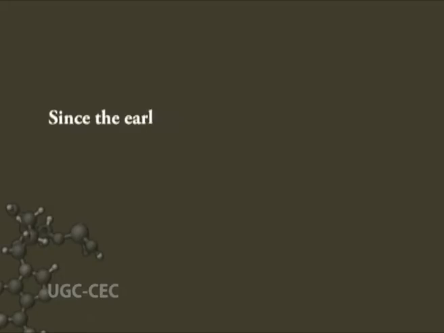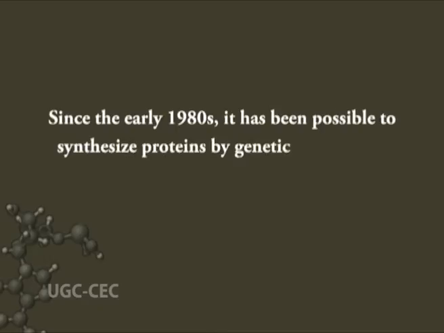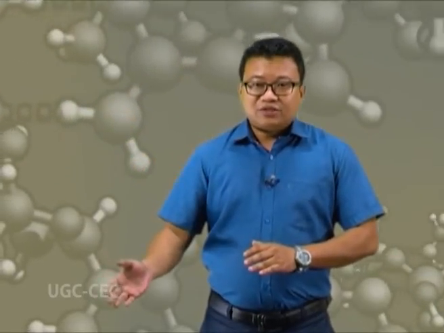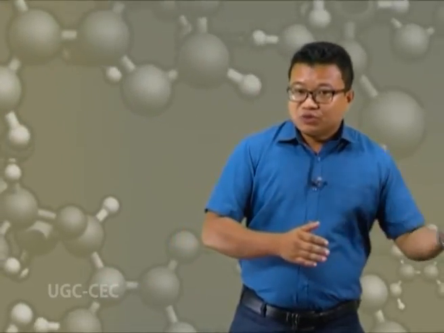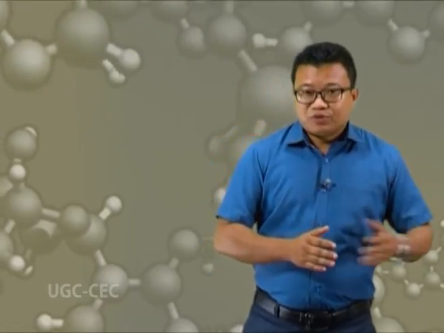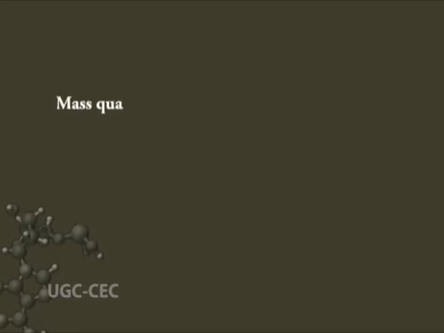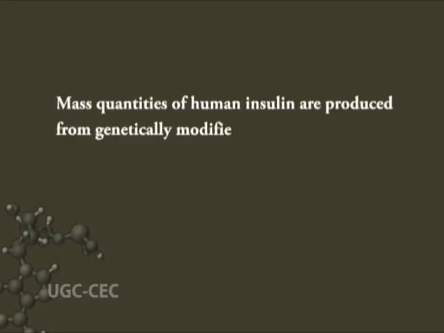Since the early 1980s, it has been possible to synthesize proteins by genetic engineering techniques. Strands of DNA can be introduced into bacterial cells, which causes the cells to produce large amounts of a desired protein. For example, mass quantities of human insulin are produced from genetically modified E. coli.